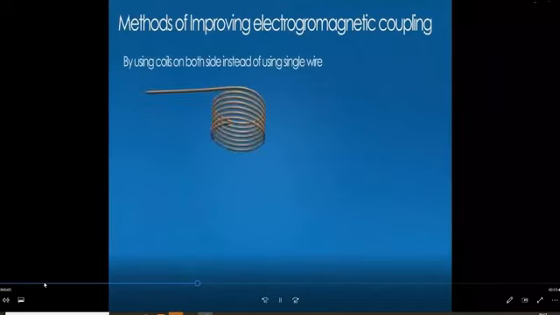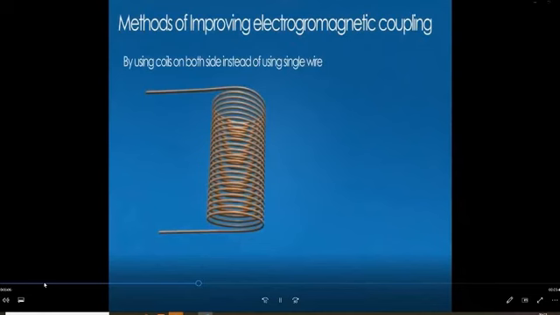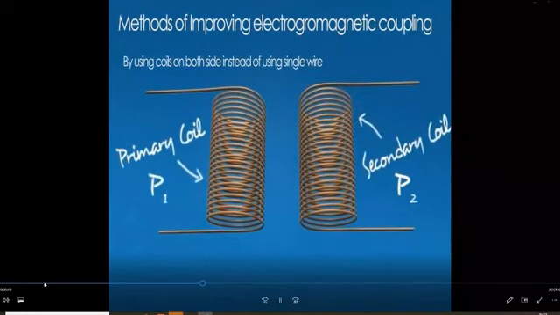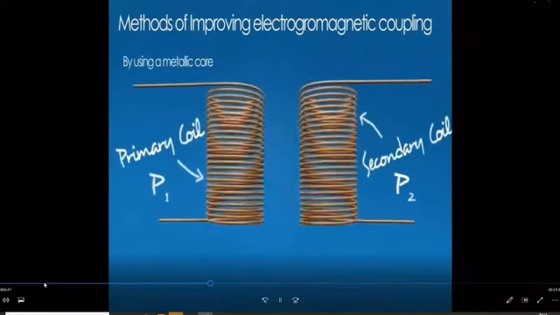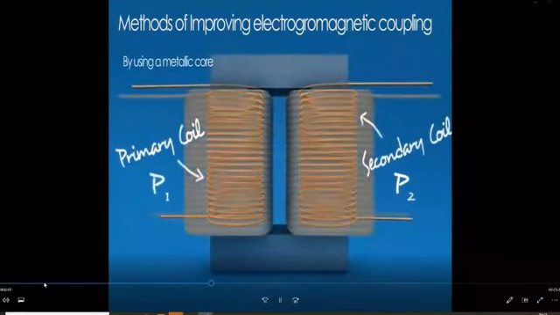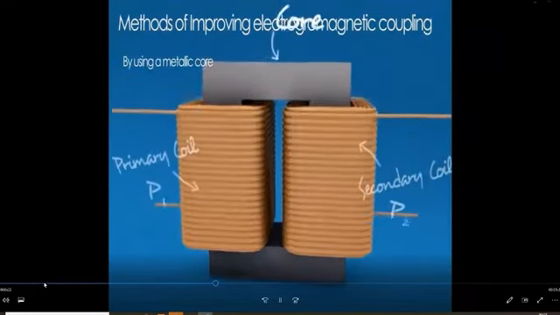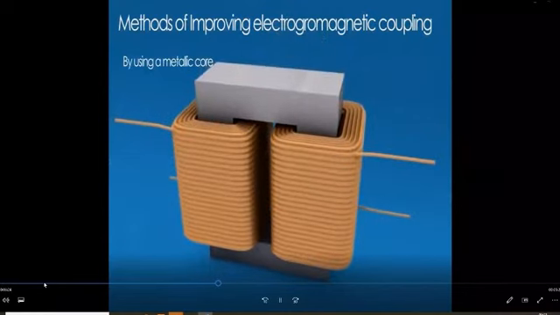This electromagnetic coupling between the two conductors can be improved by two methods. Number 1. By using a coil on both sides instead of a single wire, which results in an increase of flux. Number 2. By using a magnetic core between the coils, which gives a low reluctance path to the flux and improves magnetic coupling between the coils.